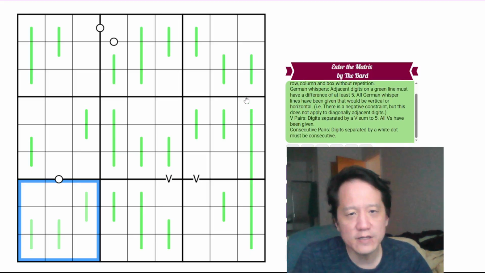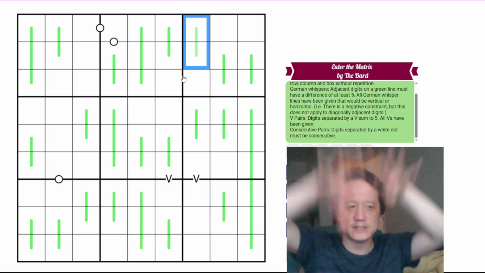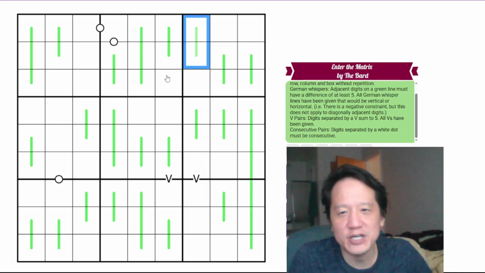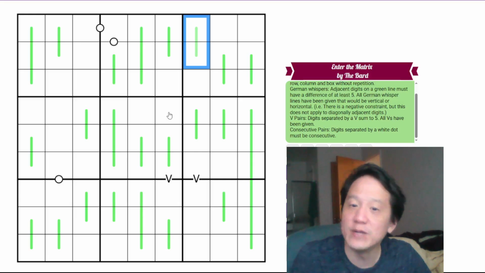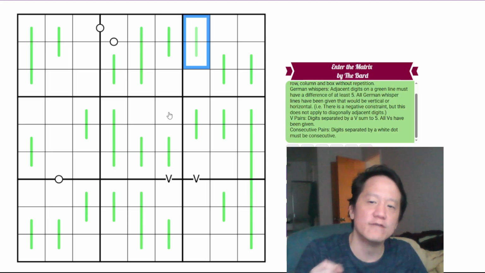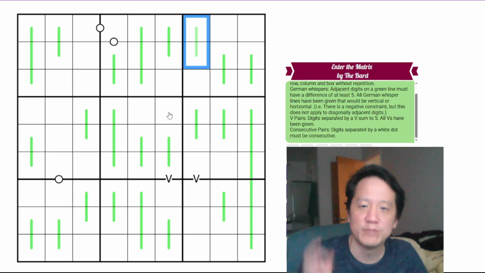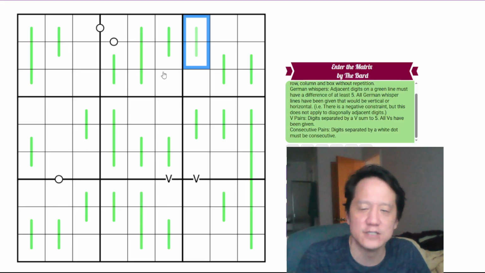Anyways, let's continue. We also have German whispers, which are the green lines going down, letting us see the matrix in its full programming form, where adjacent digits on a green line must have a difference of at least 5. All German whisper lines that would be vertical or horizontal have been given. That is, id est, there is a negative constraint, but this does not apply to diagonally adjacent digits.